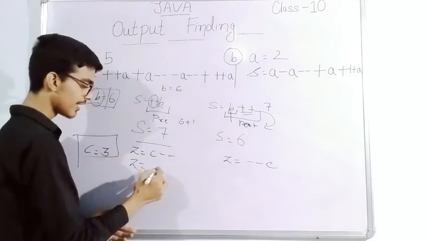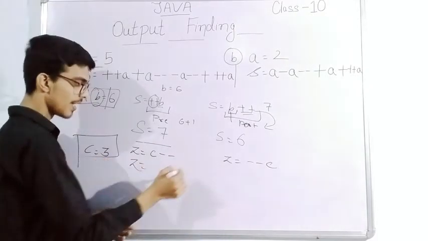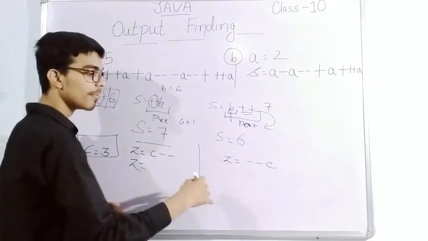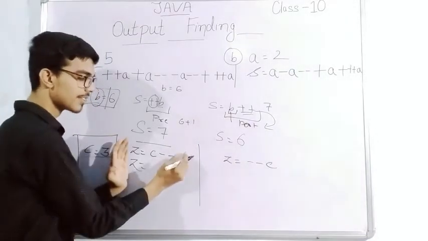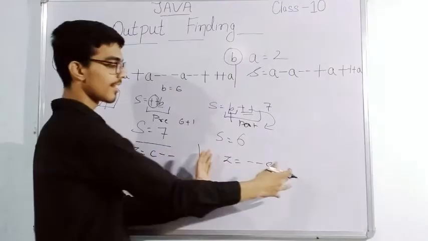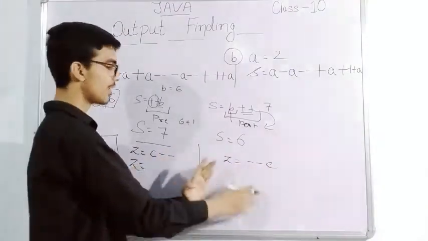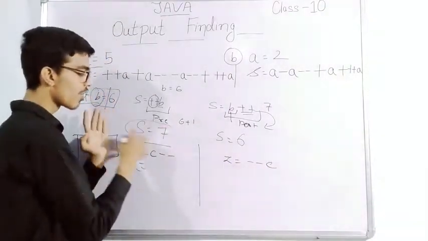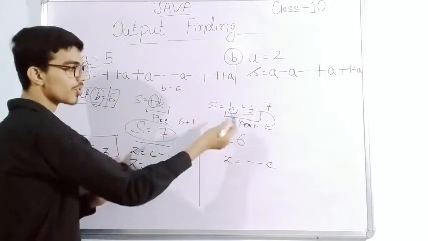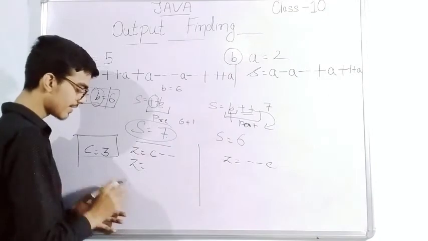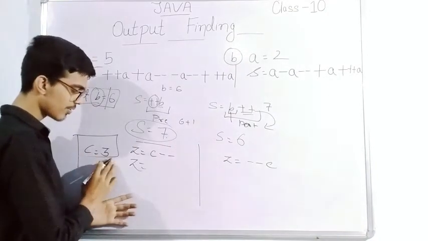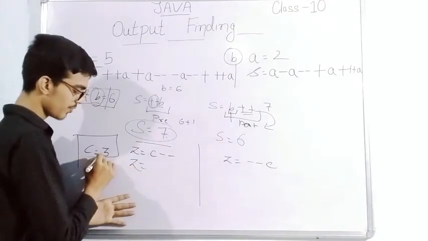These two are different programs, this is one thing and this is another. We cannot put the value from before in this, because there the value of s is 7, so we can't put it here. So c is equal to 3.